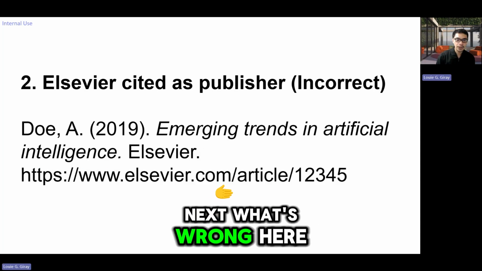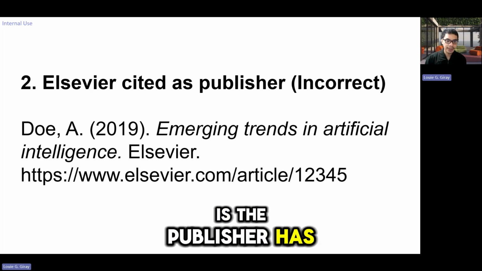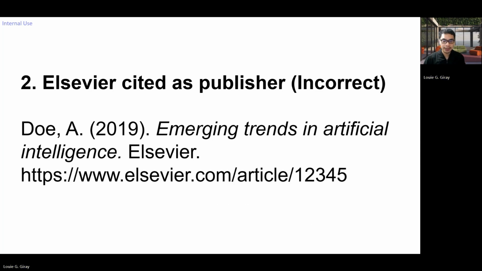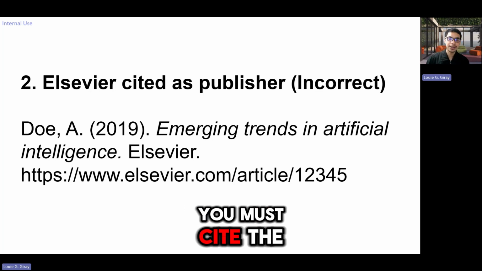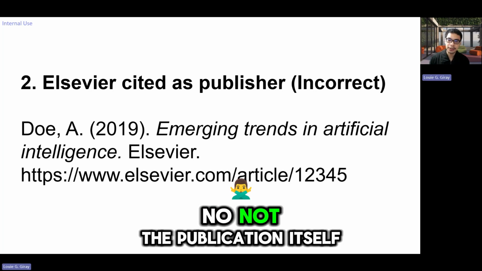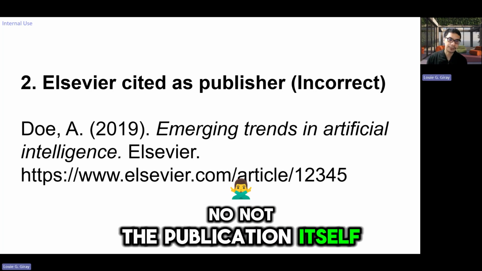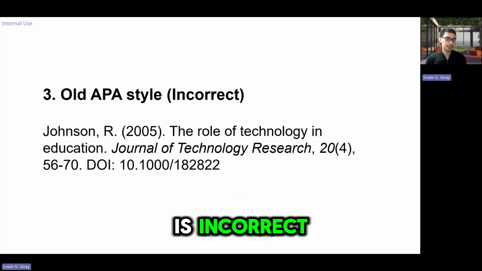Next, what's wrong here is the publisher has been cited, even though it's a journal. You must cite the DOI and the journal title, not the publisher.